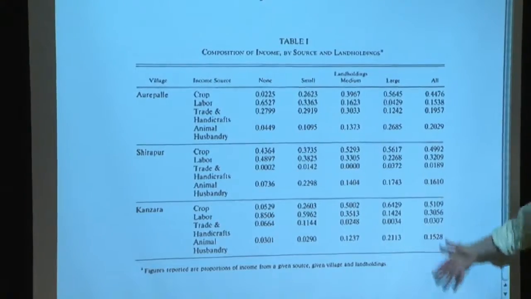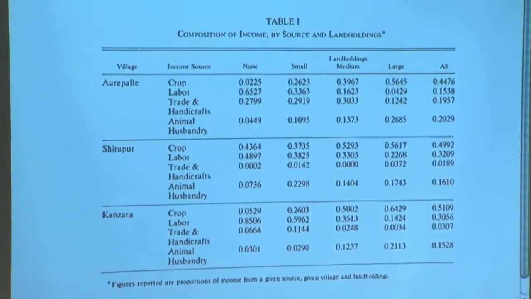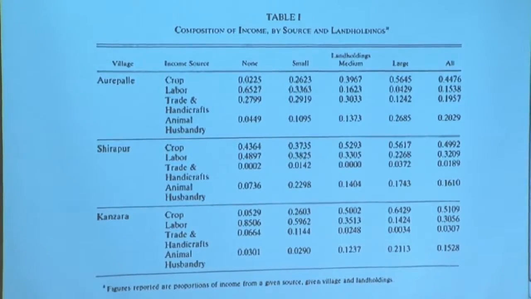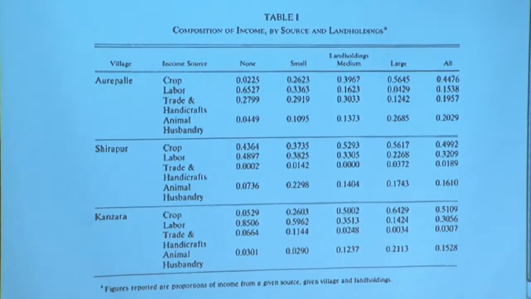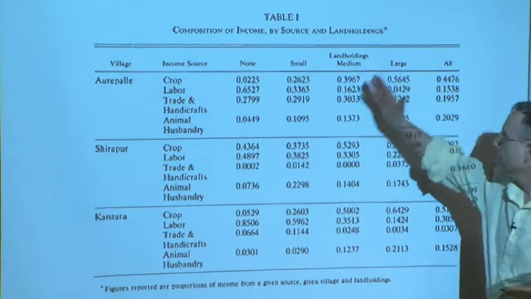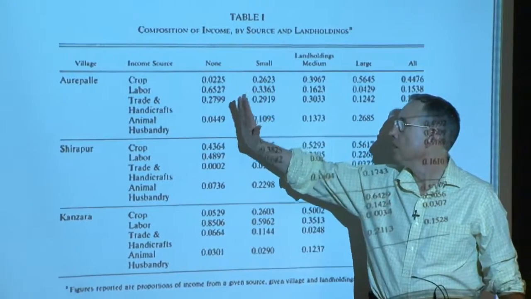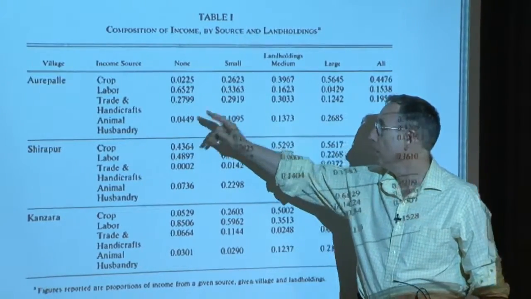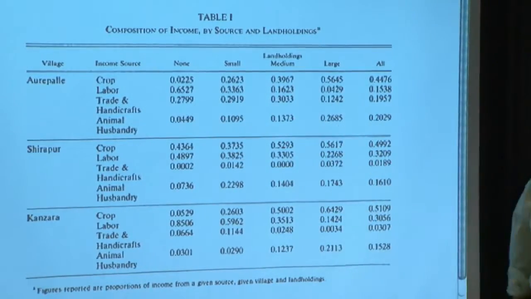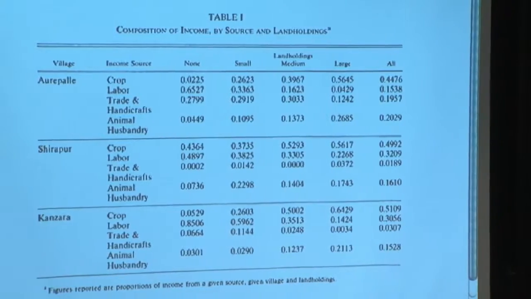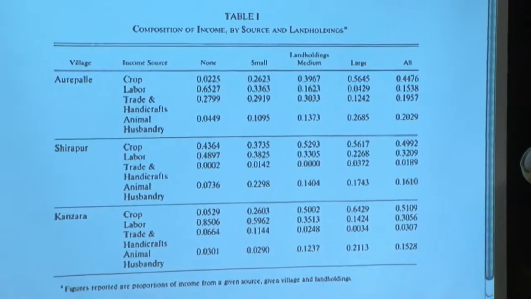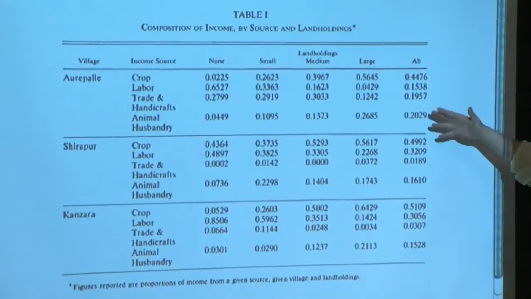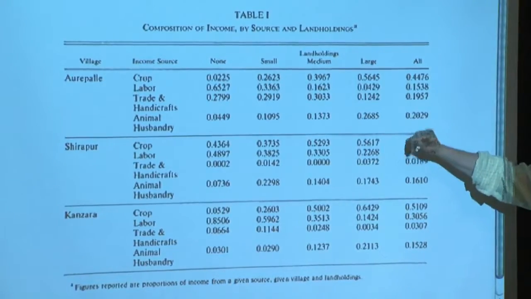This is by cruder categories like labor income, income from trade and handicrafts, animal husbandry, and it's stratified, as ICRISAT did, by the amount of land that they hold: none, small, medium, and large landholders. And these are basically fractions of income that they get from such things.